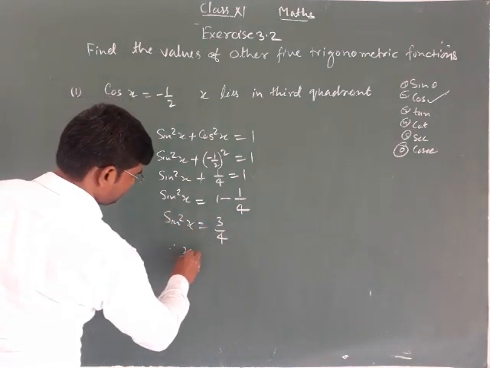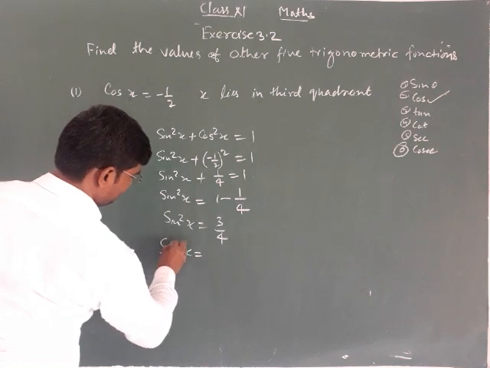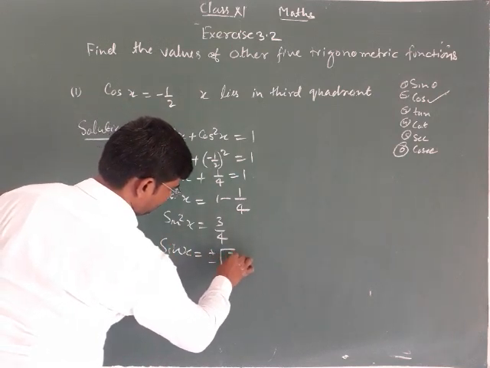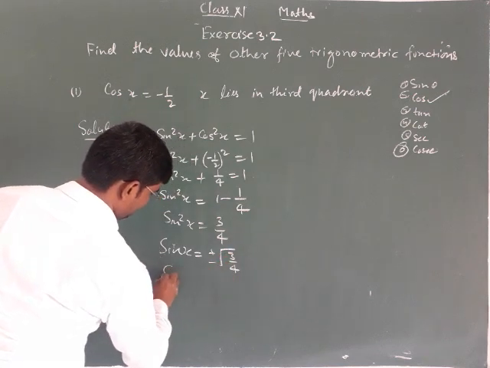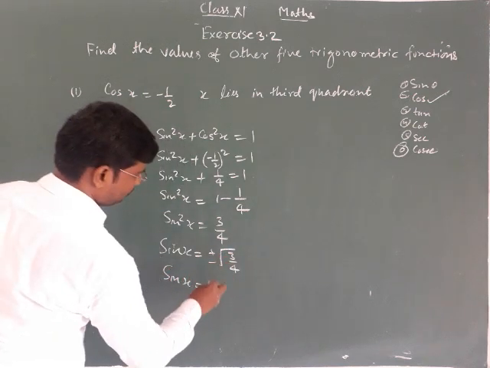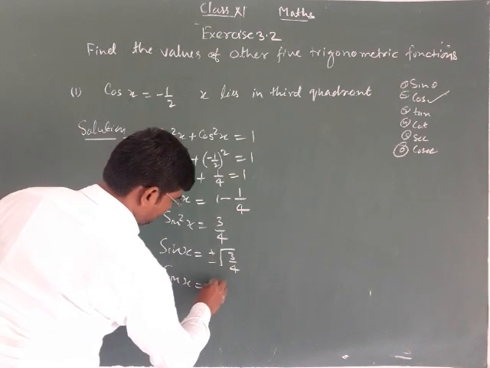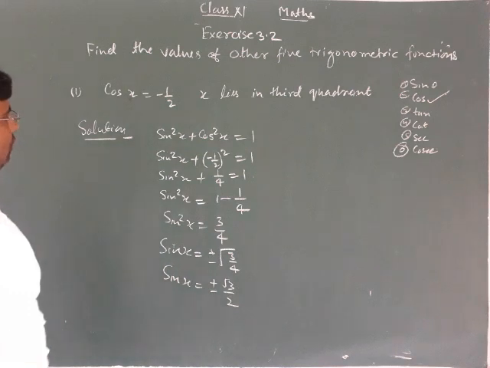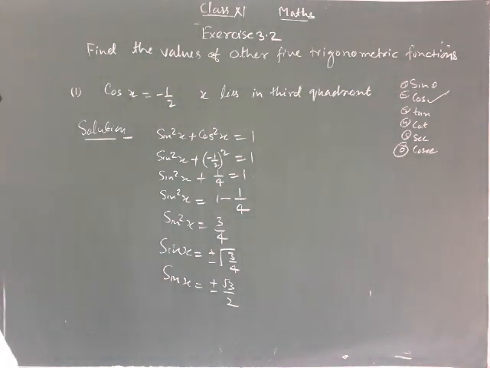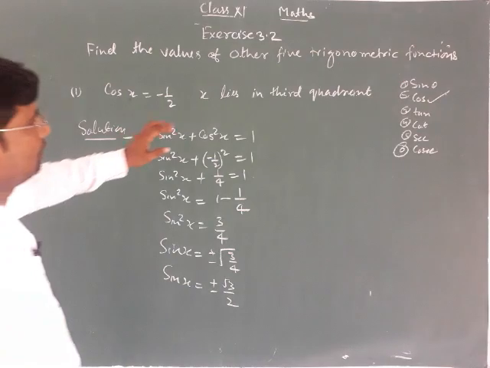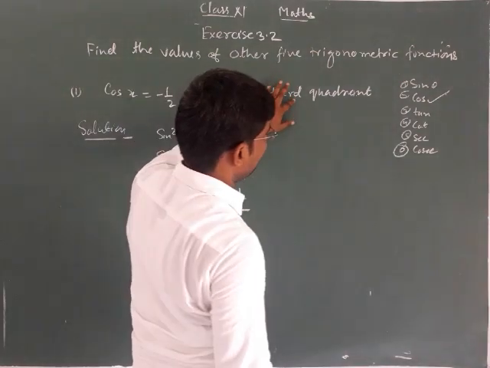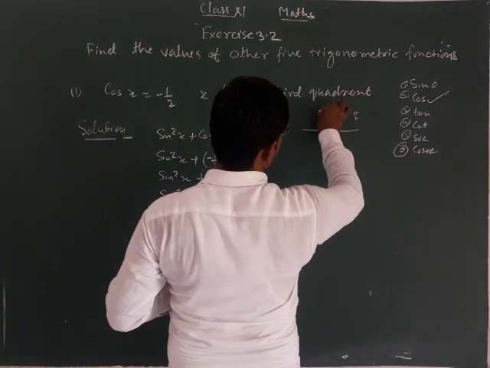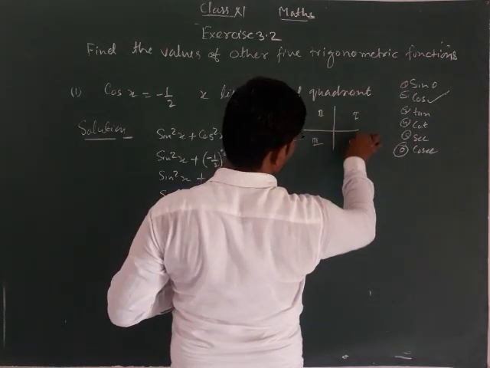Therefore sin x is equal to plus minus square root of 3 by 4, so sin x is equal to plus minus root 3 by 2. Now x lies in the third quadrant. This is the first quadrant, second quadrant, third quadrant and fourth quadrant.